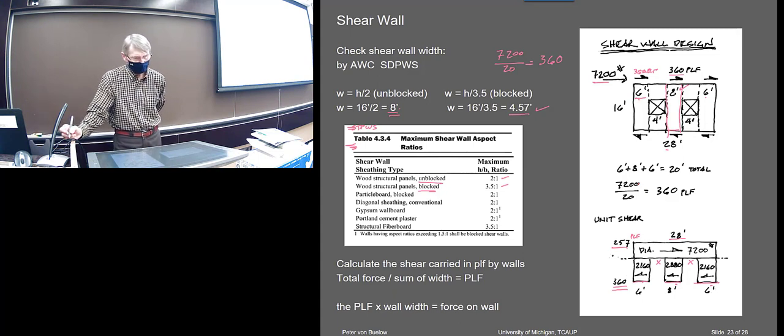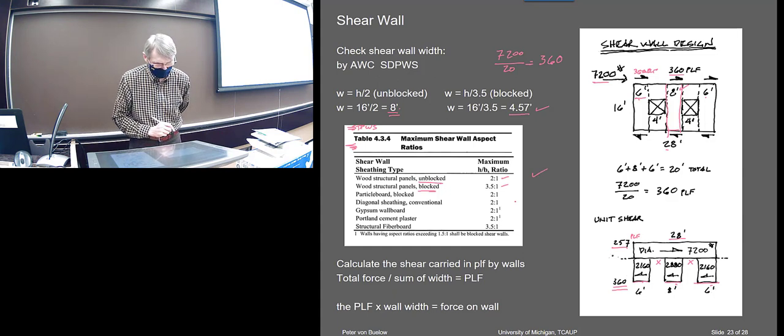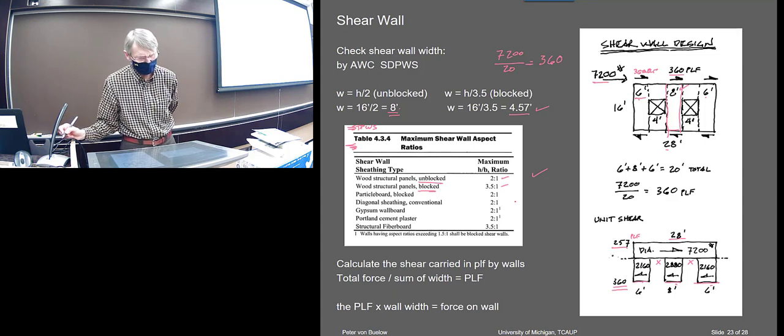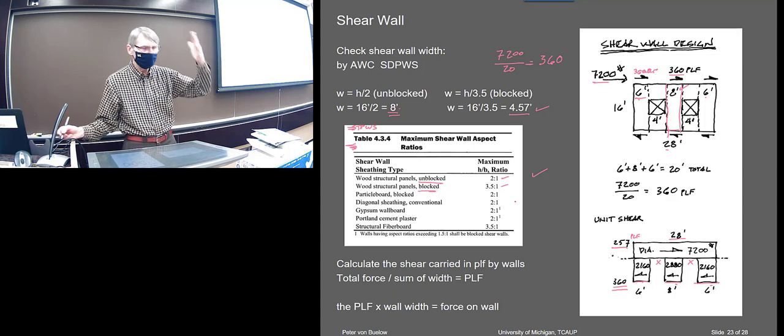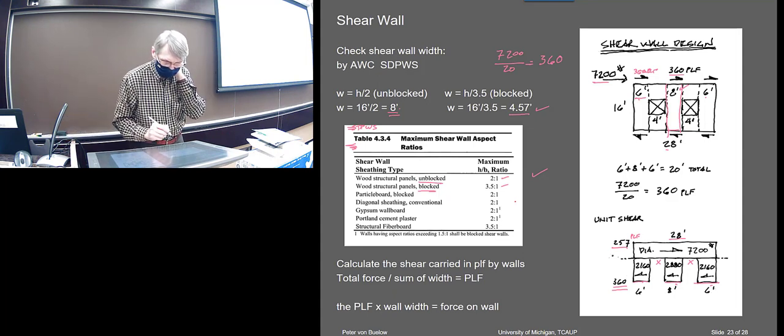But in any case, you do have to meet that criteria. And that used to be in the IBC, this exact same table. I need to get an updated copy of the IBC. Somehow I was trying to find it in an online version, couldn't find it, but oh well. At any rate, you do have to meet those ratios.